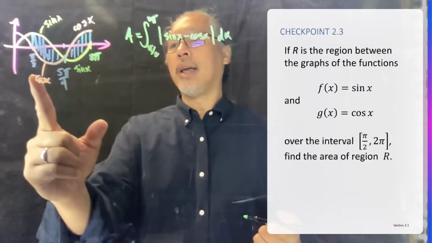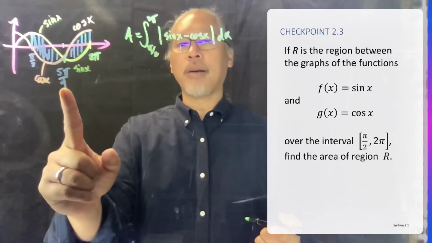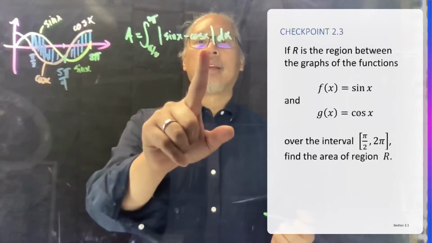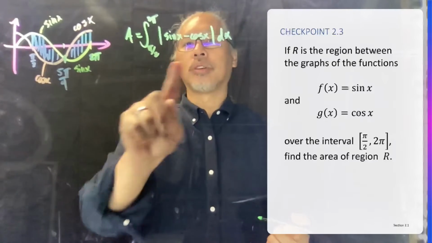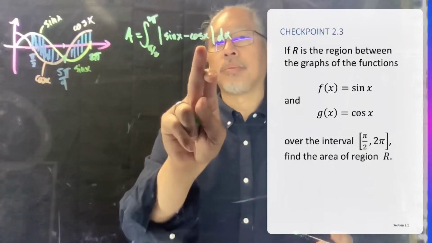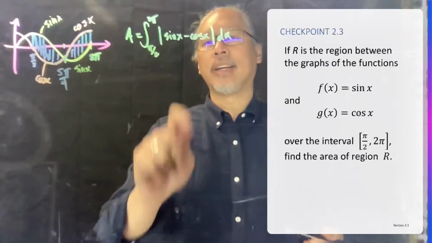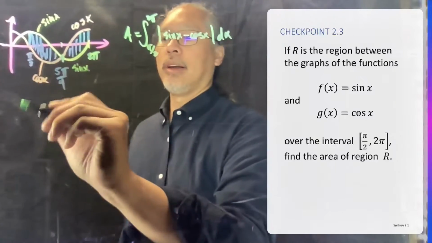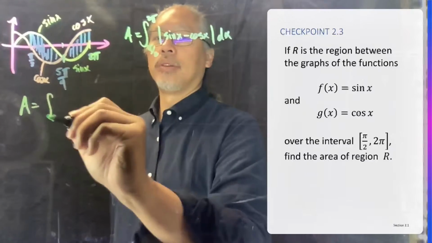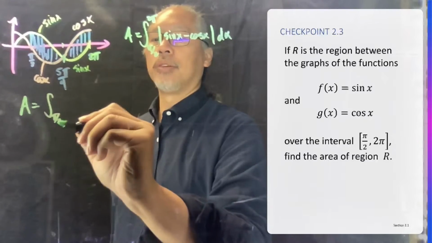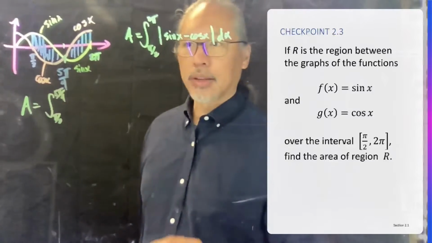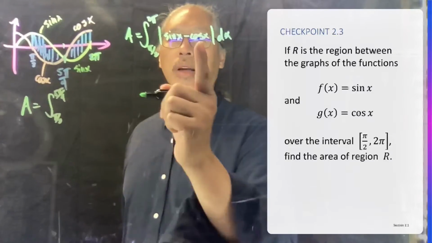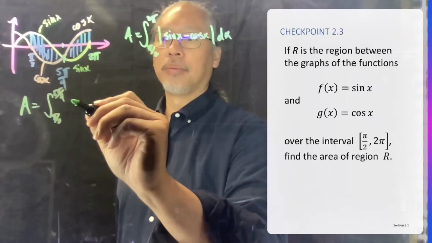So from pi over 2 to 5 pi over 4, it'll be sine x minus cosine x. But then after that, it switches, so it'll be the negative of this, which is positive cosine x minus sine x. So really your area will be equal to the integral from pi over 2 to 5 pi over 4. This is where they intersect again, and this is where the sine and the cosine switch being larger.